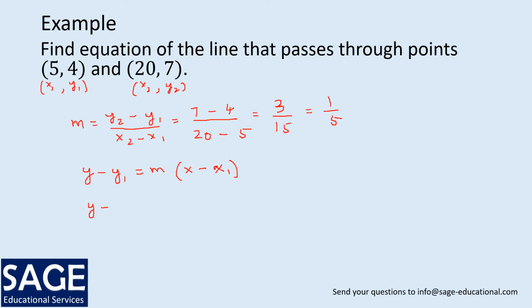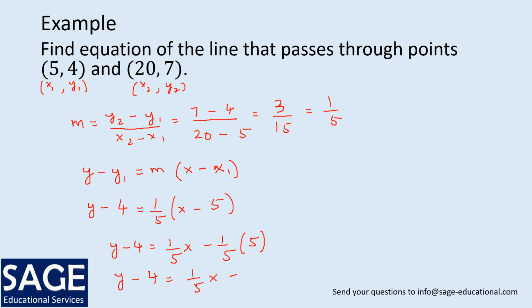So y minus 4 equals 1 over 5 times x minus 5. Then I use the distributive property: y minus 4 equals 1 over 5x minus 1 over 5 times 5, which gives you 1. So this gives me y minus 4 equals 1 over 5x minus 1.